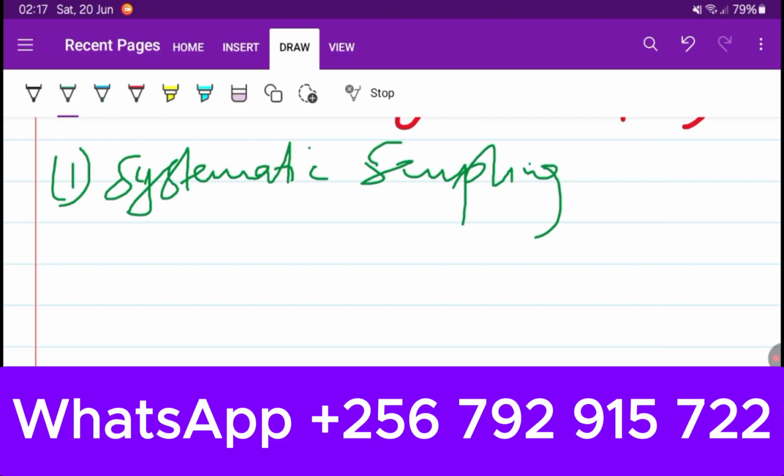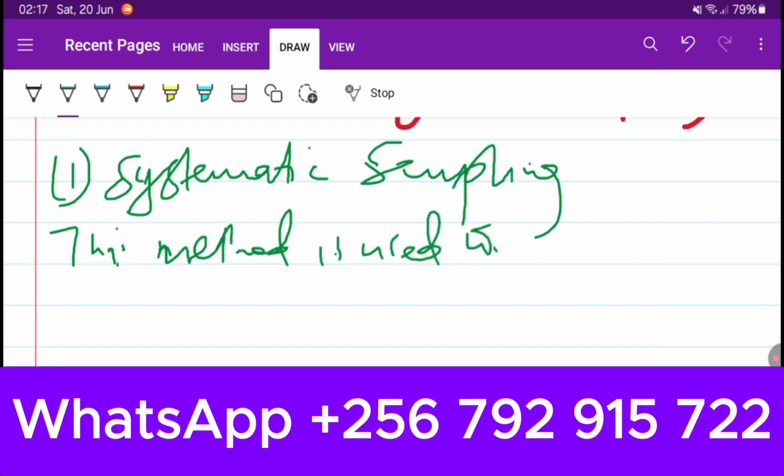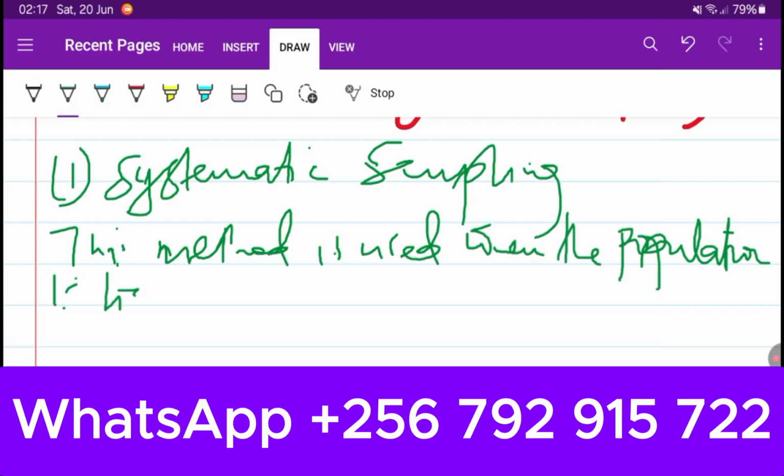And a systematic sample is a sample in which each member of the population is assigned a number. So this method is used when the population is listed in a given order.